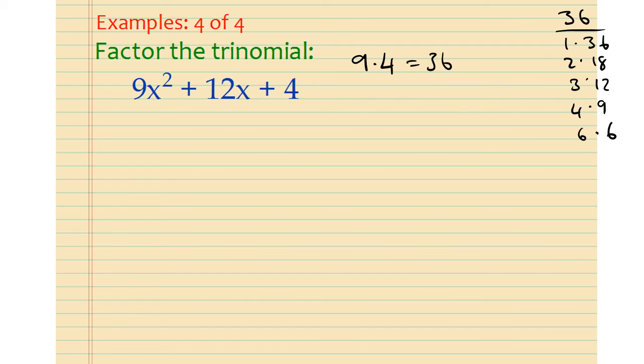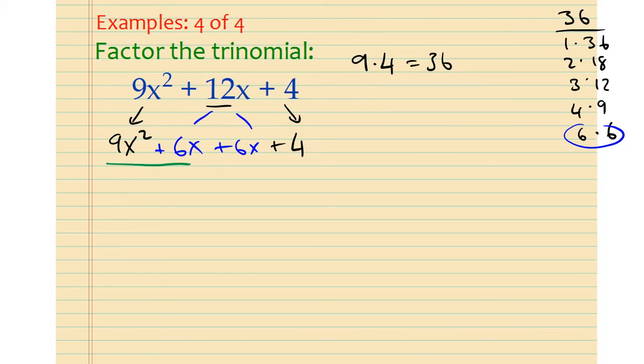Among all of those, we need a pair of factors that add up to 12. It's easy to see that 6 plus 6 will make 12. I will separate it into a 6x and another 6x, and this is a positive 6x. I still have my 9x squared and plus 4.